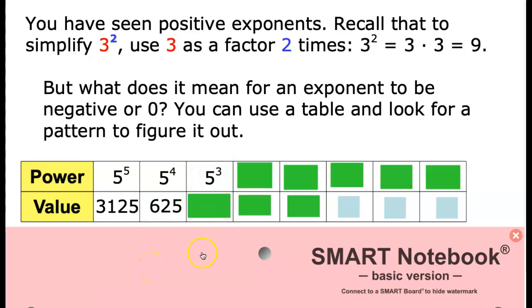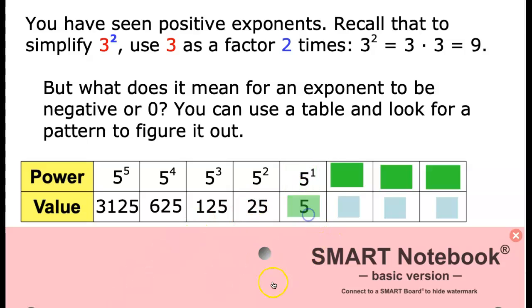5 to the 3rd power gives you 125. 5 to the 2nd power gives you 25. 5 to the 1st power gives you 5. Notice what's happening here. Each time our exponent goes up by 1, we're multiplying by 5.